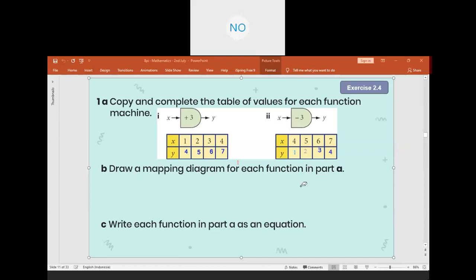Okay, is there anyone who gets confused so far? No, teacher. Okay, if no one is confused, let us move to question B. Draw a mapping diagram for each function in part A. For the function in here, you cannot see anything, Hugo. Is my slide not visible?